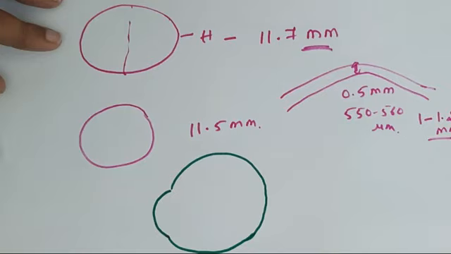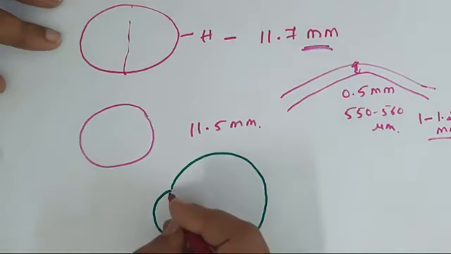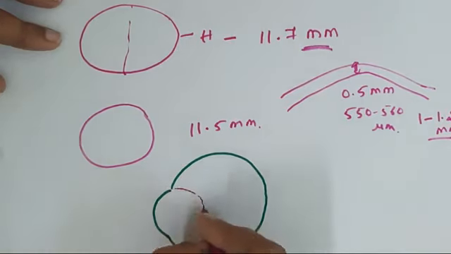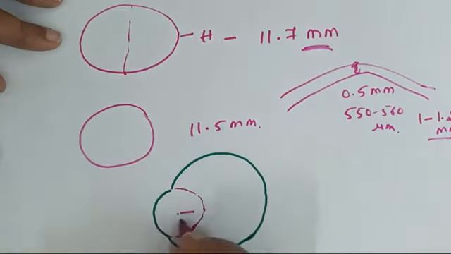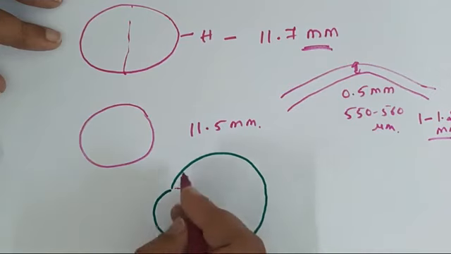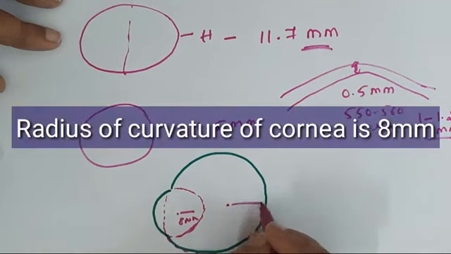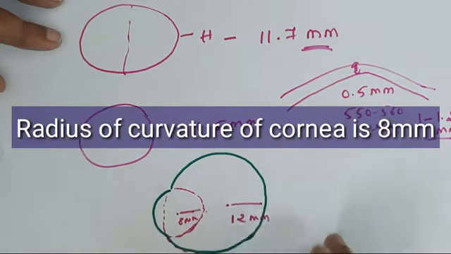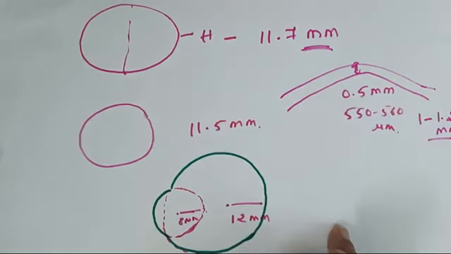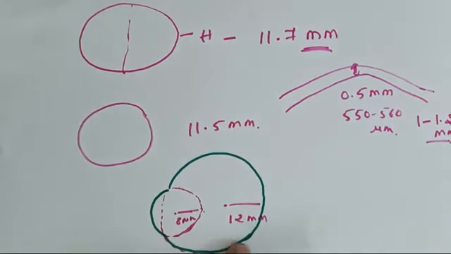If you extend this corneal surface and make a sphere here, it has a diameter of around 8 millimeters. Whereas if you extend this scleral part and make a sphere, it has a diameter of around 12 millimeters. So the radius of curvature of the cornea is 8 millimeter, whereas that of the sclera or the whole eyeball is 12 millimeters.